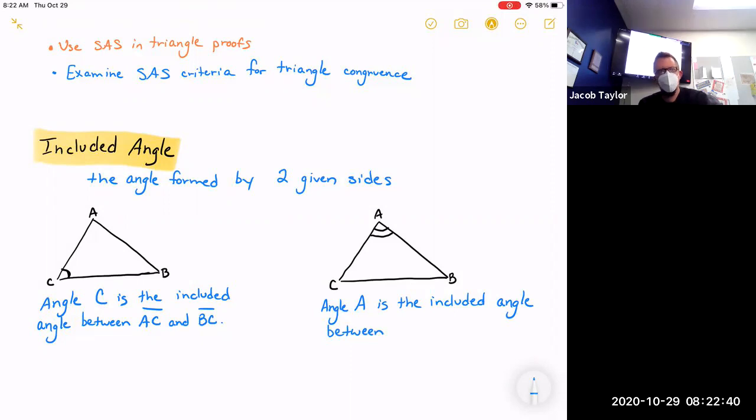B and A aren't sides. CA and AB. Right. So I'm going to say AC and AB. AC and AB, those 2 sides meet at angle A.